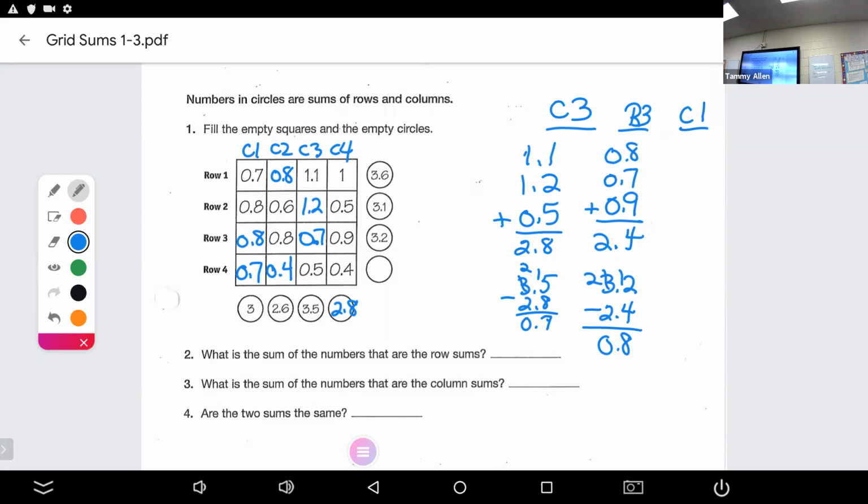What did you get for that sum? Go ahead and put that in there for me.